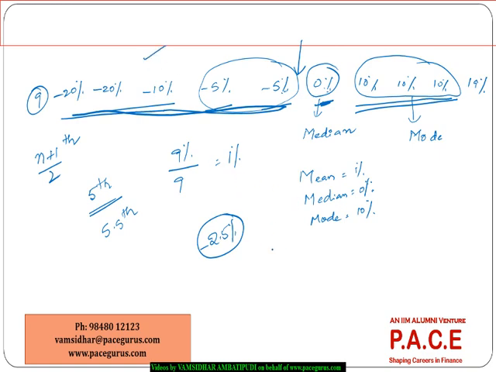So median also I'm using for summarizing the data, especially when the data is more and more asymmetrical, where I'm seeing too many outliers, too many extreme values, either on the much lower side or on the much higher side.